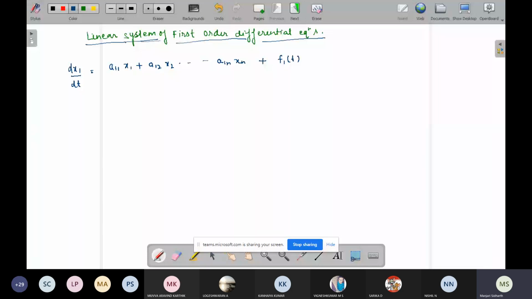When we are talking about a system, we have more than one differential equation. So let us write the n differential equations.